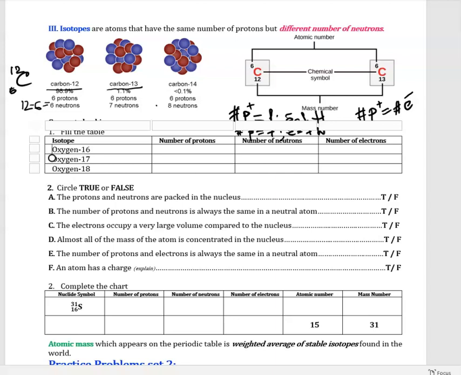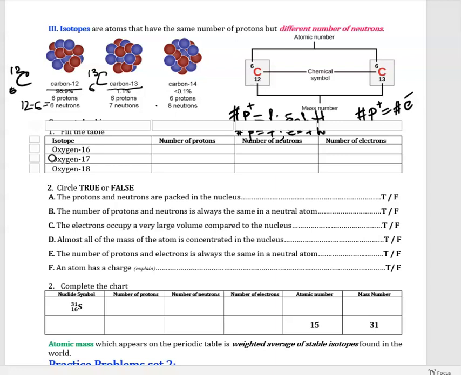Carbon 13. For carbon 13, the symbol will still be carbon and its atomic number in the periodic table is 6. 13 is its mass number, so 13 goes on top. And let's calculate.